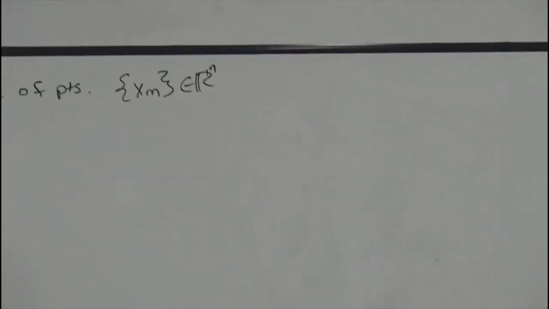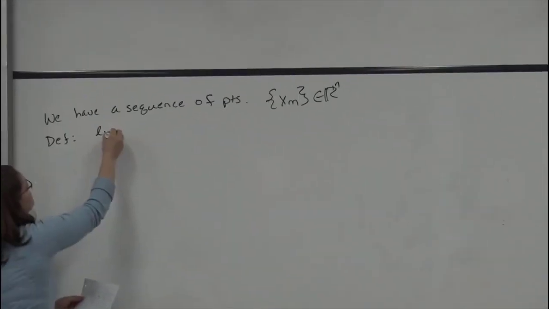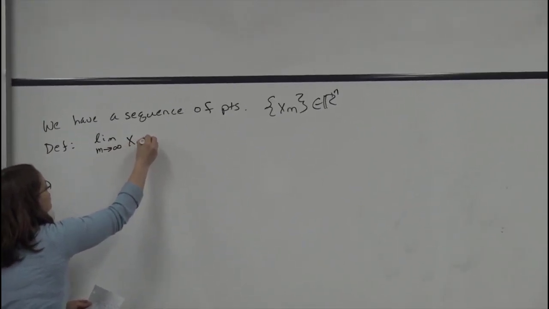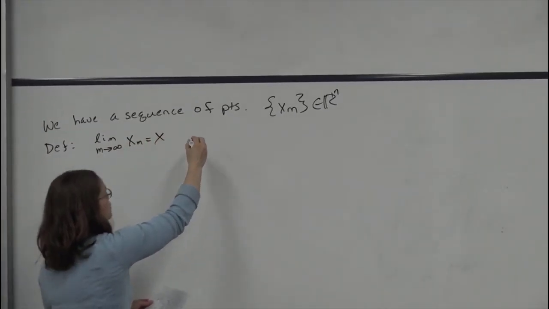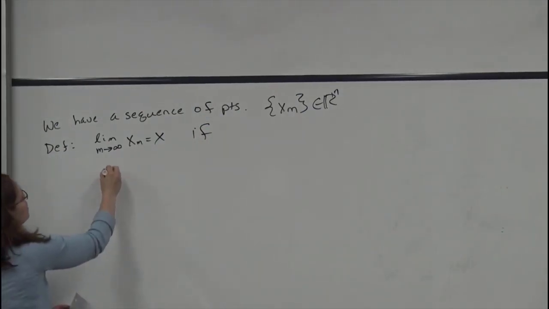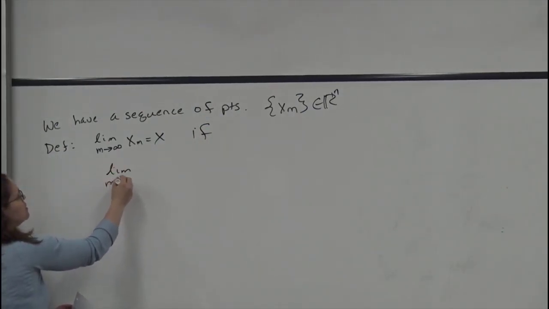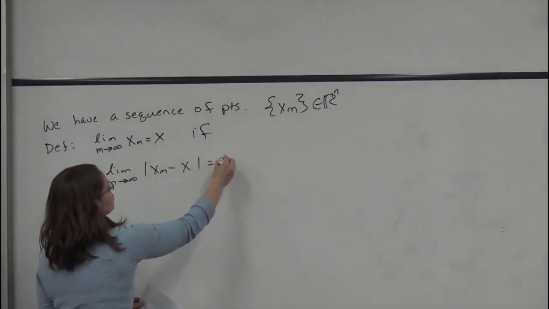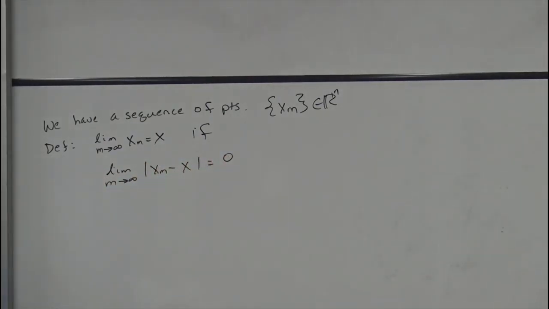We're going to say that the limit as m goes to infinity of xm equals x if, there's different ways of writing this, we could say if the distance between these two things goes to 0. Or equivalently, the components converge.